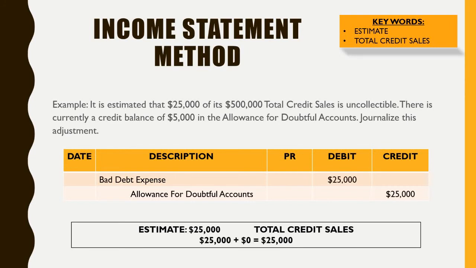Good. Because once again, we don't care about the allowance for doubtful accounts. It doesn't appear on the income statement. All we care about is what the estimated amount is for. So good job. All right. Any questions about how to write off bad debt properly?